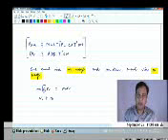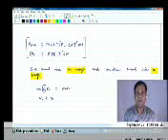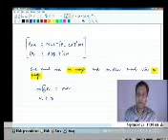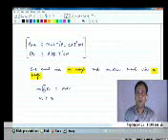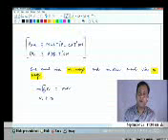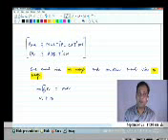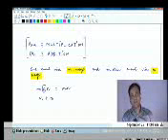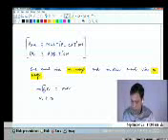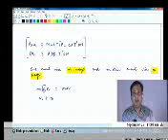While if you are asked to find the number of ways you can perform a single event, that is either you will be performing the first event in m ways, or you will be performing the second event, that is n ways. So this is what the fundamental principle of counting is.